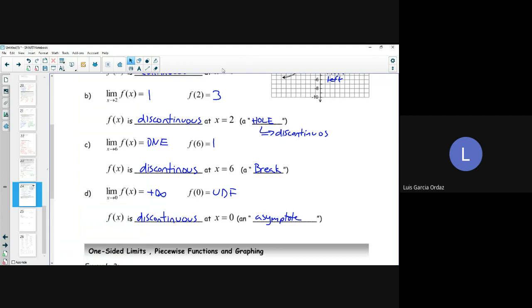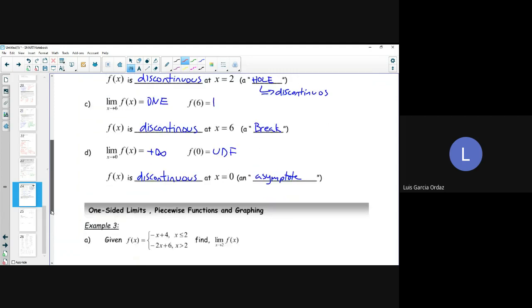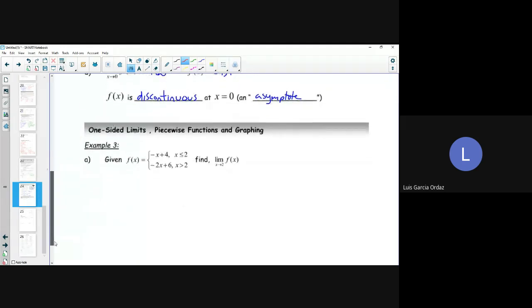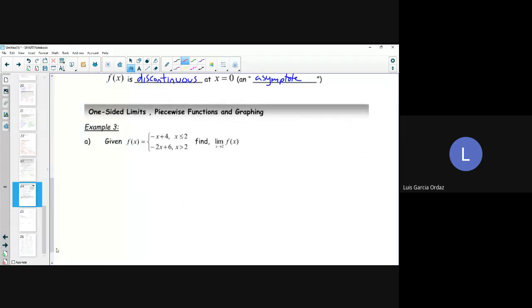All right, so now we're going to find one-sided limits of a piecewise function. So we have given f of x such that negative x plus 4, where x is less than 2, and negative 2x plus 6, where x is greater than 2.